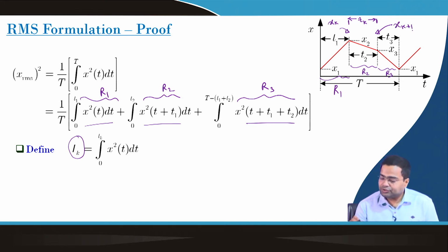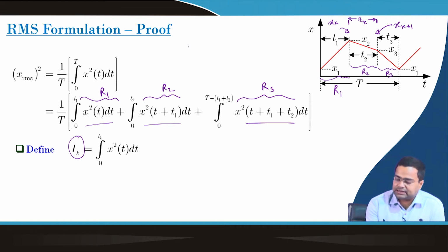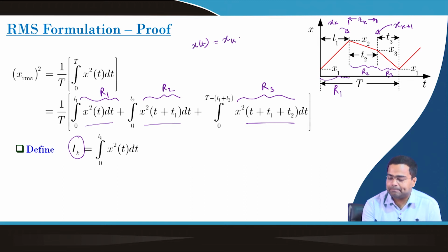So what is the equation of this waveform during this interval? It will be xk plus the slope of this waveform mk t, and this is during the interval t equal to 0 to tk.